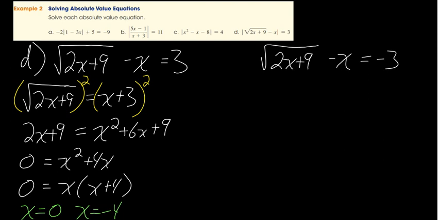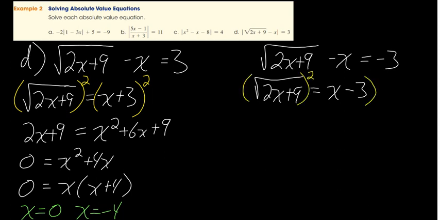Now the next one, I'm going to go and add x to both sides again. So we're going to say the absolute value of 2x plus 9 is equal to x minus 3. We square both sides again. We have the square root of 2x plus 9 squared.